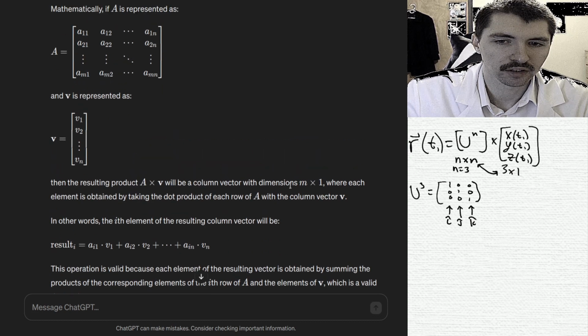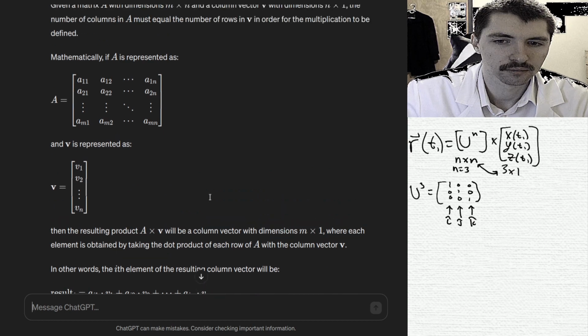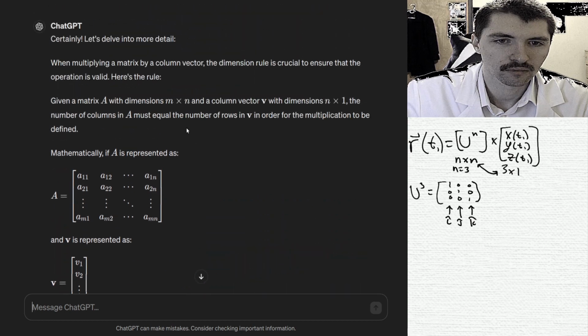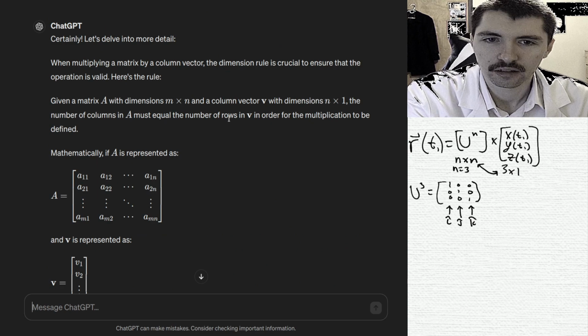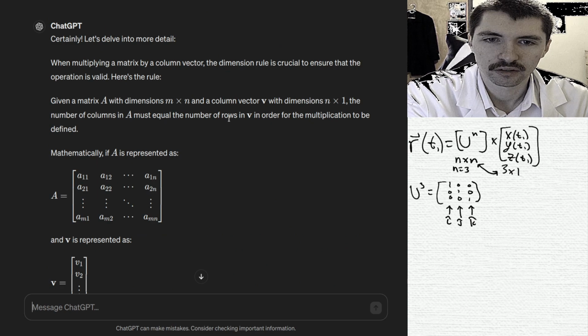A times v will be a column vector, n by 1 rows. Okay, so A is n by n. So you see how the inside terms have to match.